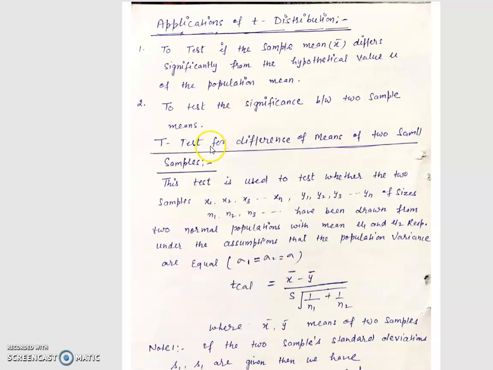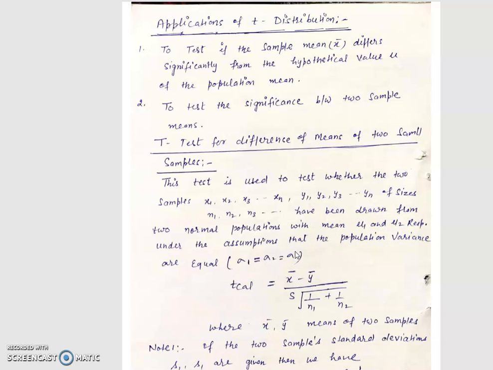Now we can apply t-test of two small samples when we have two types of samples x1, x2, ... xn and y1, y2, y3, ... yn of sizes n1 and n2, drawn from the two normal populations with mean mu1 and mu2 respectively.